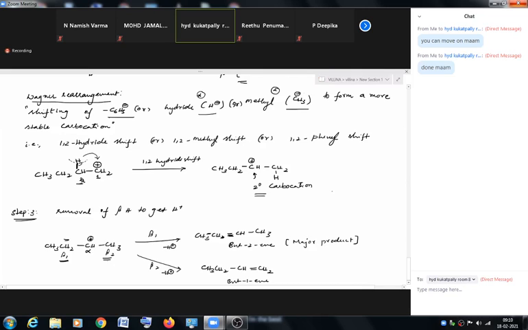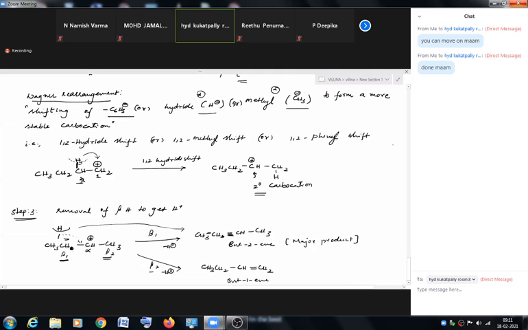Why? Because if I write something like this, H, this will be removed as H plus, and this lone pair will be donated for the pi bond formation here. That is for beta 1 elimination of H plus. Now, if we go for beta 2, the second possibility, you have a beta hydrogen, something like this.